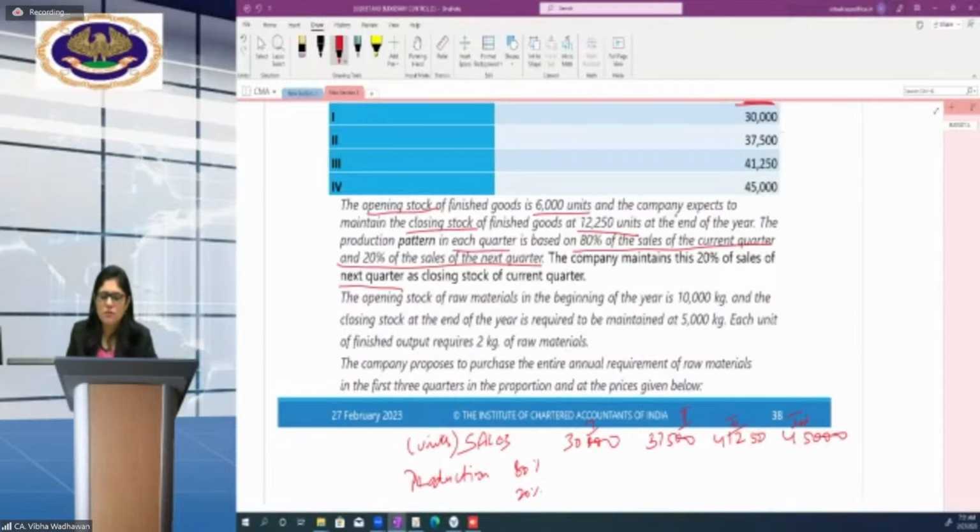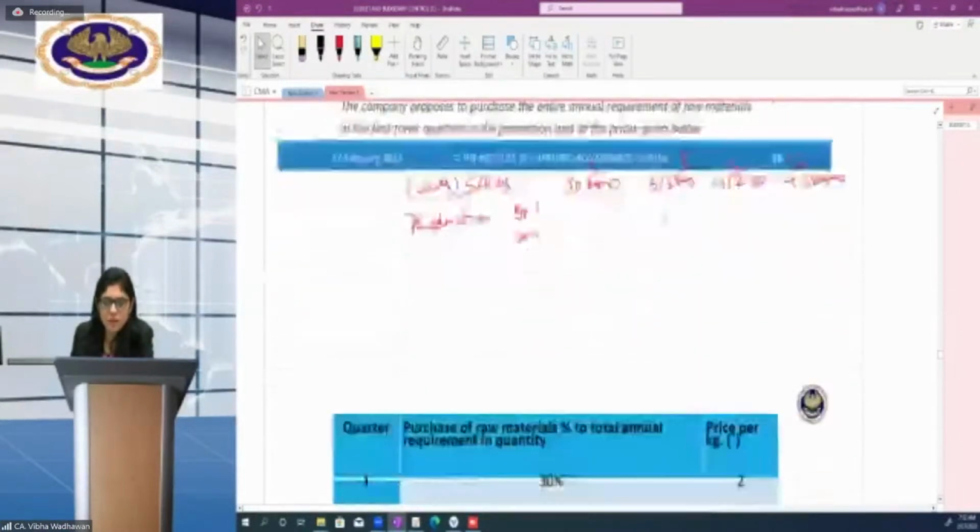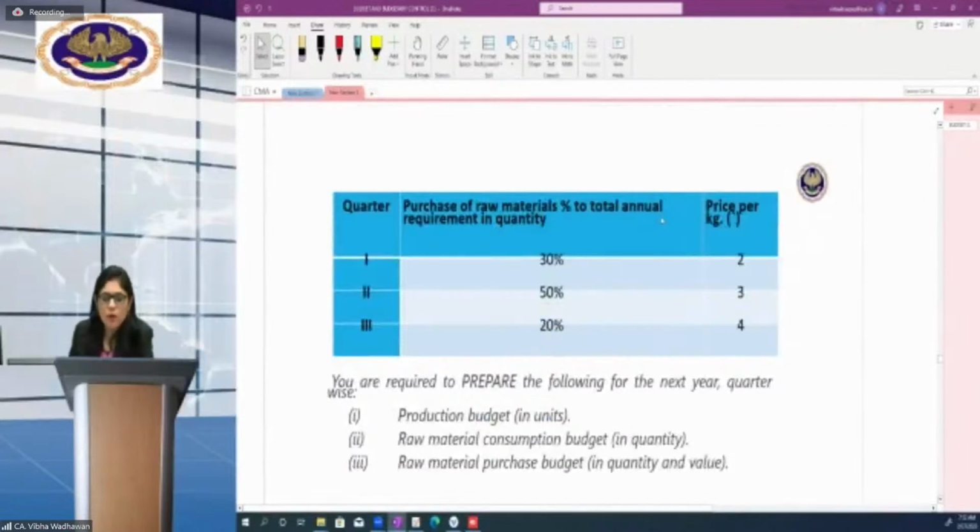Okay. Opening stock of raw material also is given. Closing stock of raw material is given. The company proposes to purchase the entire requirement, and the question follows. Quarter-wise purchase of material information is given.